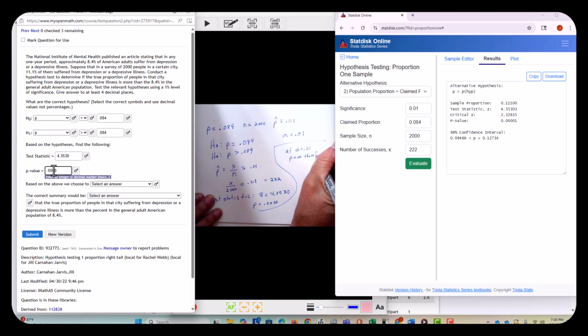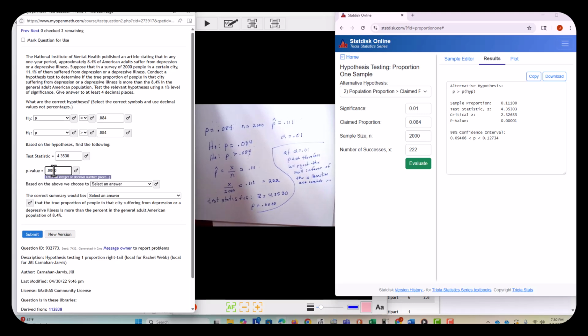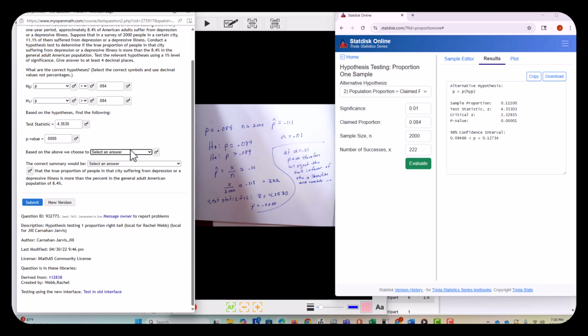Therefore, I reject the null in favor of the alternative, and conclude: reject the null.